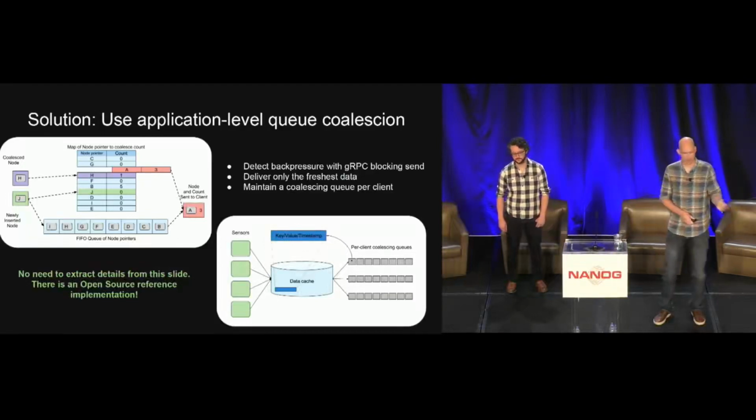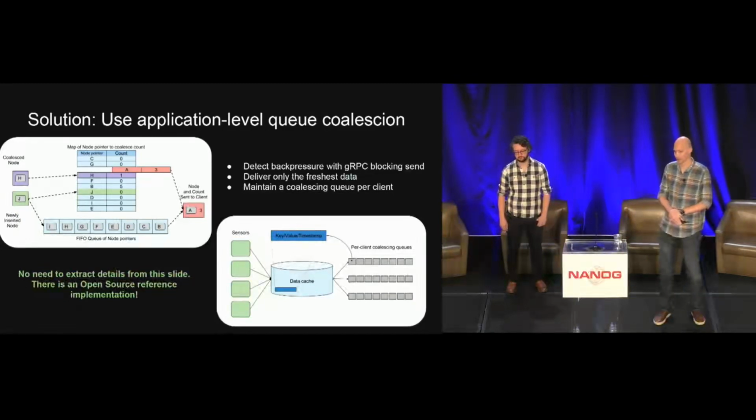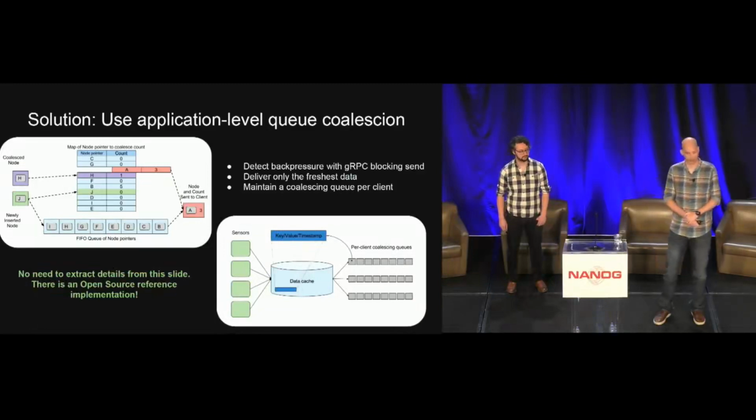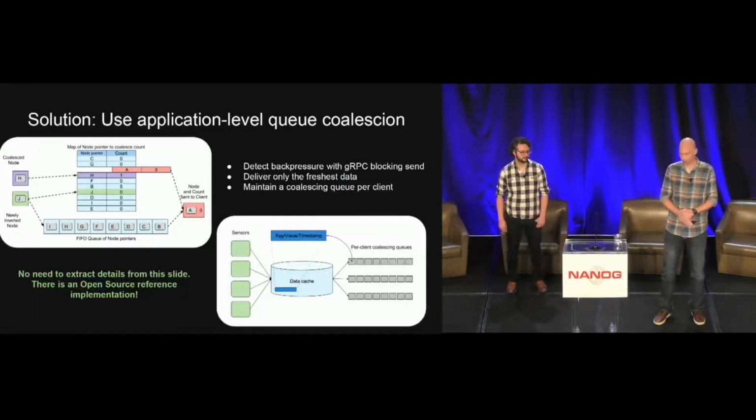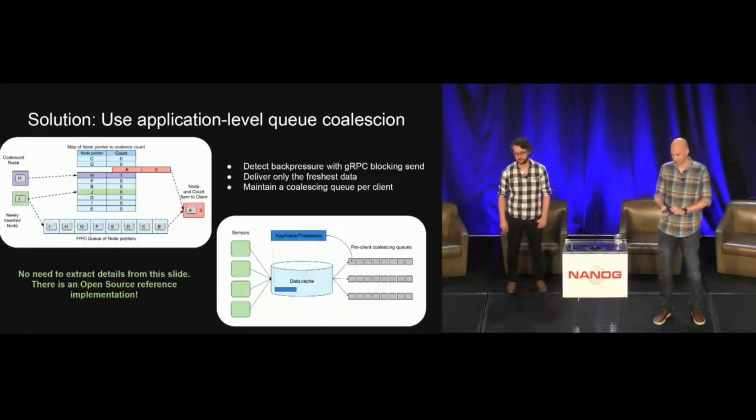So we want to be able to dump this old stale data, similar to what would have happened in SNMP, but do it selectively such that eventually, once the congestion clears, or even if it never clears, you always have a roughly fresh view of what's happening on your devices. And a critical event, like an interface going down, is still guaranteed to be delivered.